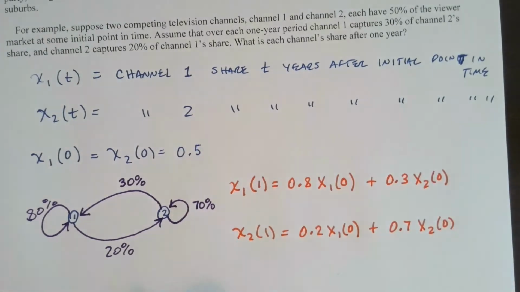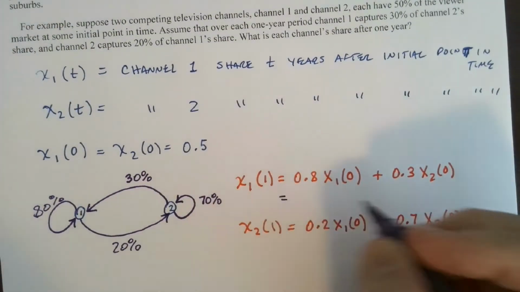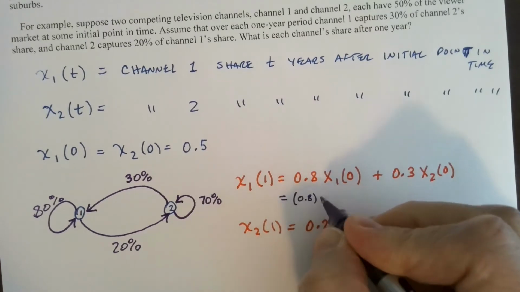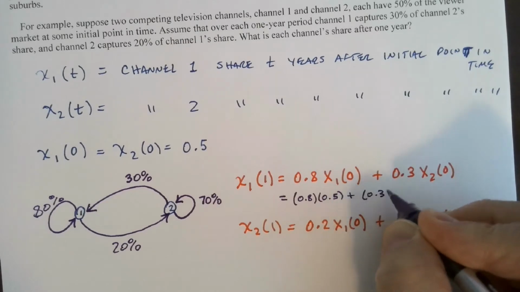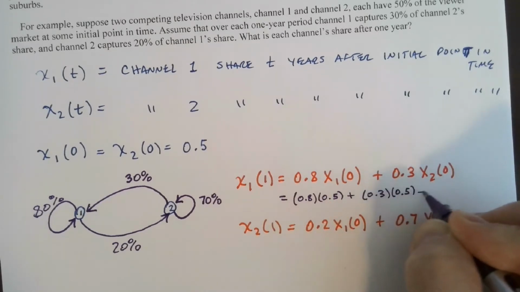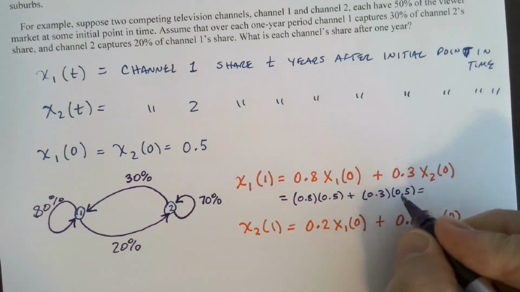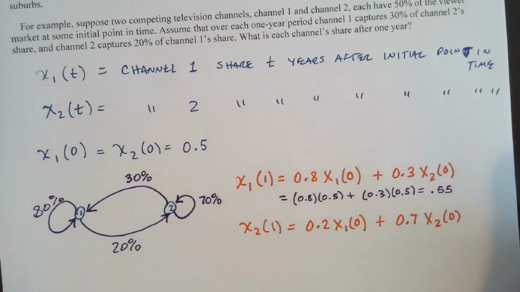Okay. So now if I want to actually do the calculation here, I can do it because I know 50% for each of these quantities. We'll just go ahead and do that. And I get 40% here plus 15% is 55%.